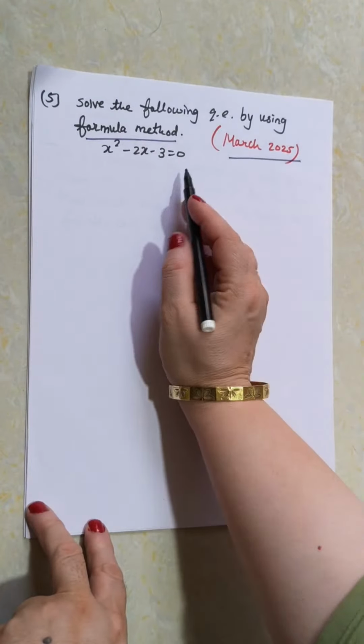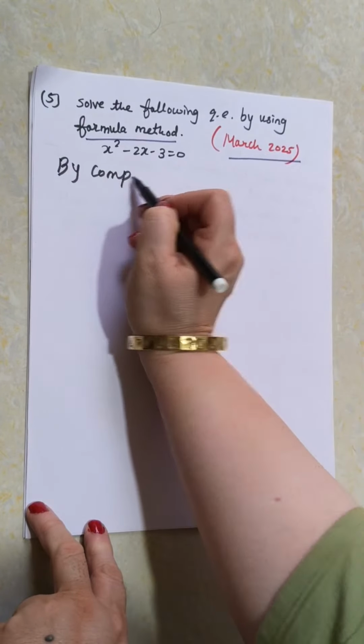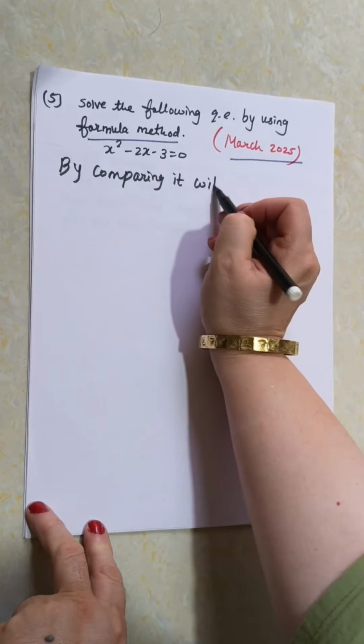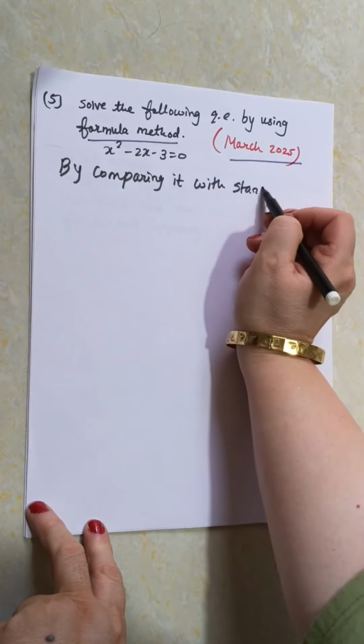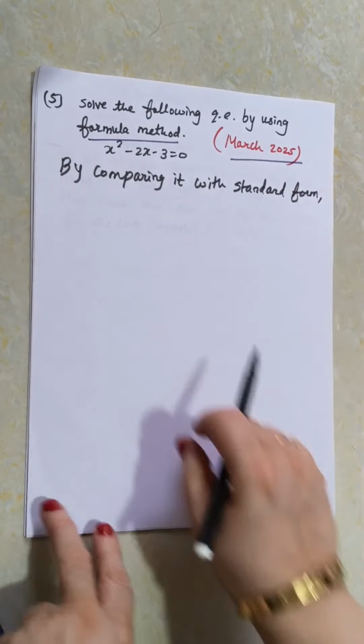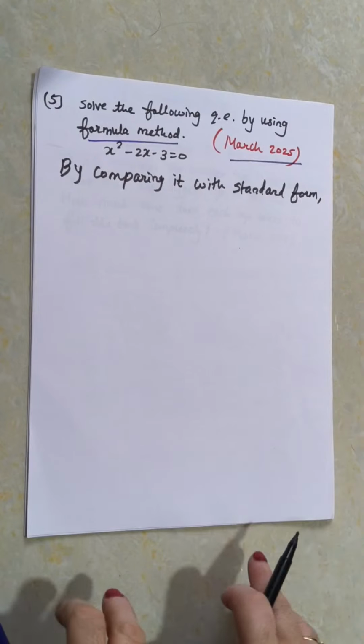So again, formula method, by comparing it with the standard form. Which is the standard form? Yes, Amrut, Bhumika, Shrutika and Mansi.